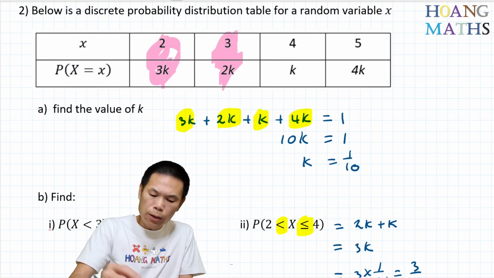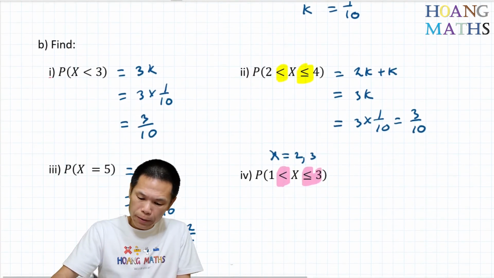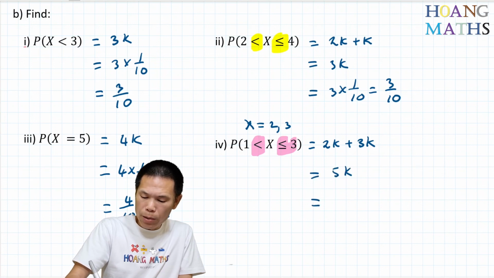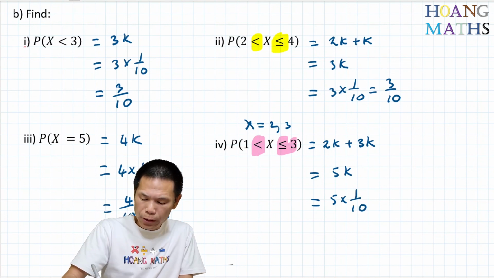So the probability will give me 3k plus 2k. So that will give me 5k. So that will give me 5 times 1/10, because k is 1/10. So 5 times 1/10 gives me a half.